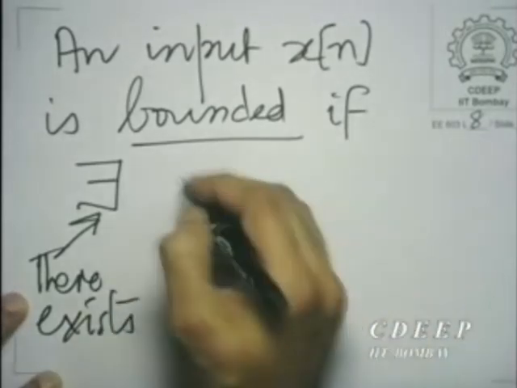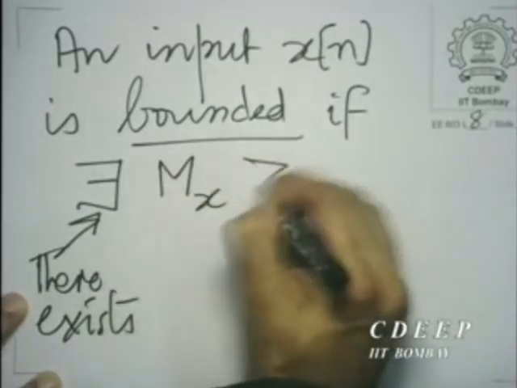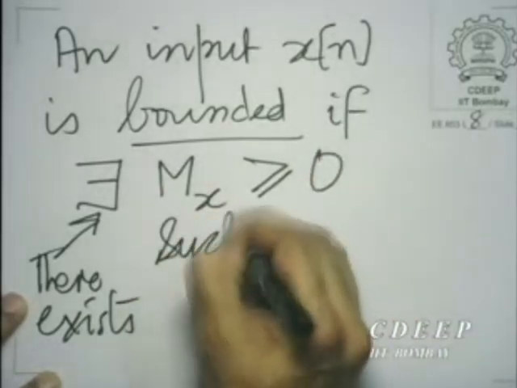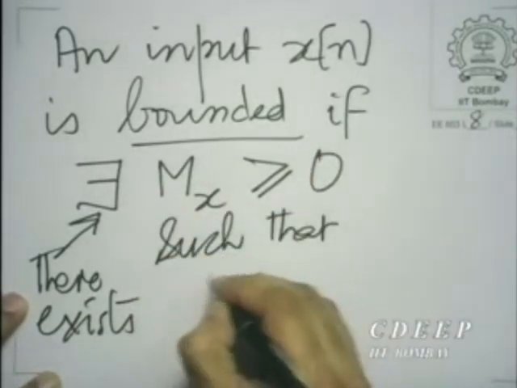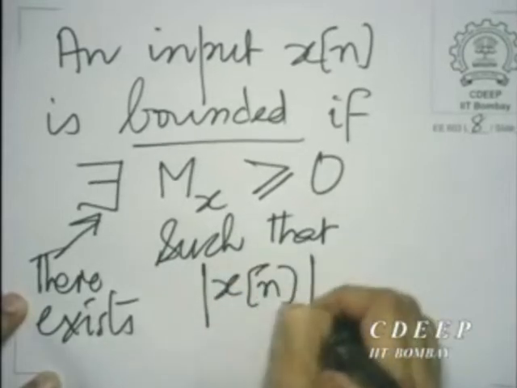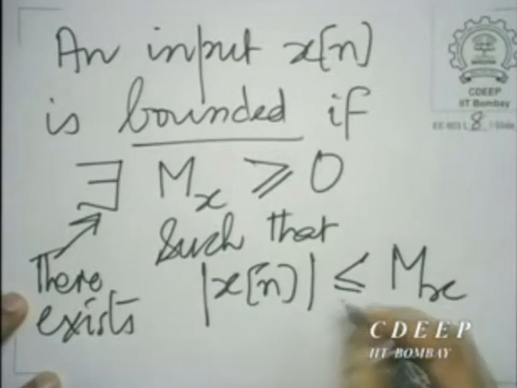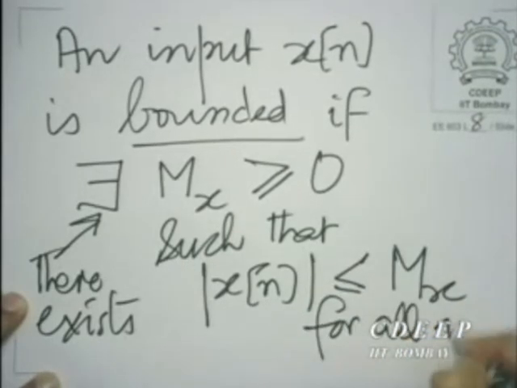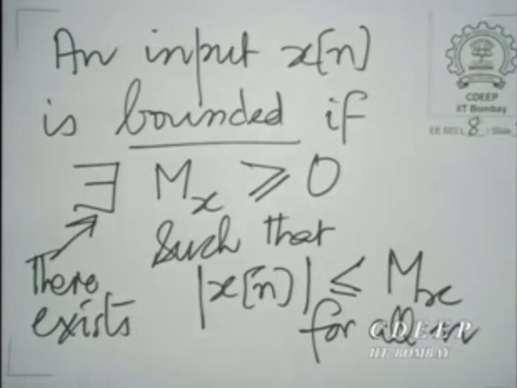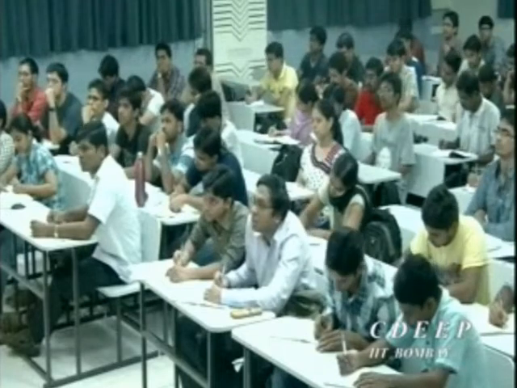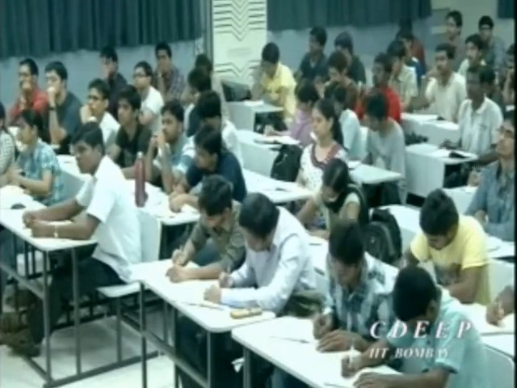So there exists an mx which is greater than or equal to 0 such that mod xn is less than or equal to mx for all n integer, of course. And of course, mx is independent of n, that's obvious. So it should be noted that we are talking about the boundedness of the samples here. We are not asking that the input be absolutely summable, no. We are just saying the input needs to be bounded.